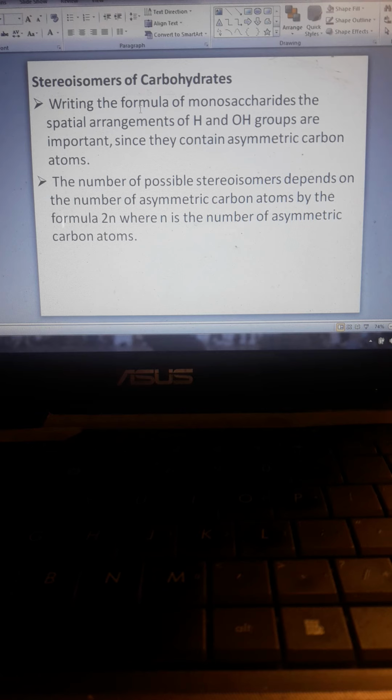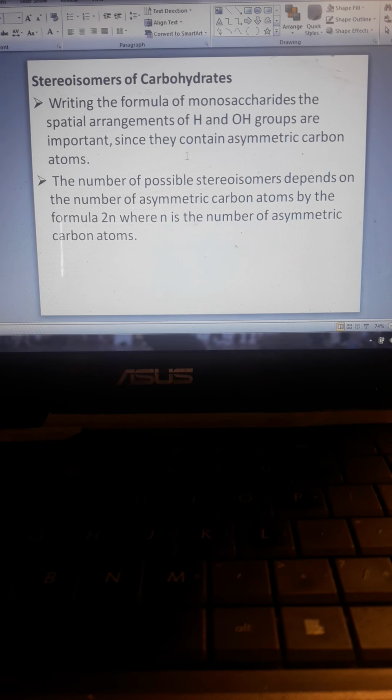When writing the formula of monosaccharides, the spatial arrangement of hydrogen and hydroxyl groups is important since they contain asymmetric carbon atoms. Meaning the spatial arrangement, that is the space between the attachment of the hydroxyl and hydrogen atoms. So usually the asymmetric carbon is found at the center.